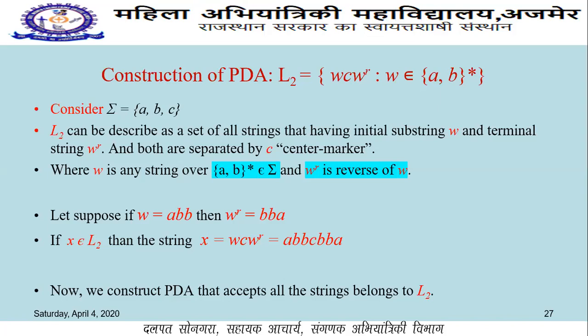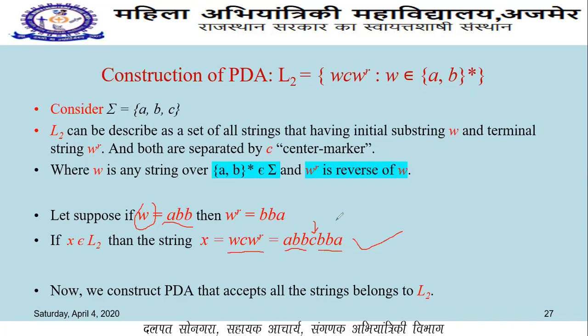Let's suppose W is A B, then the reverse of this, WR, is B A. Now suppose we assume an input string X belongs to L2, then X is in the format W C WR. Like this, W is A B B, in between is C, the center marker, and this is WR.